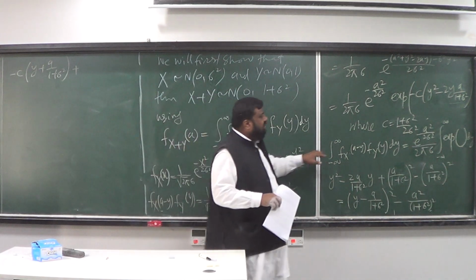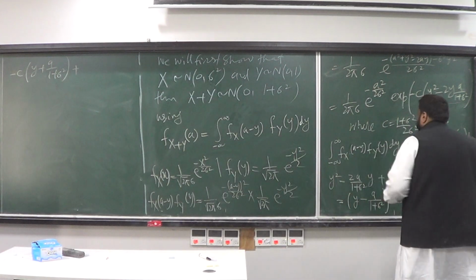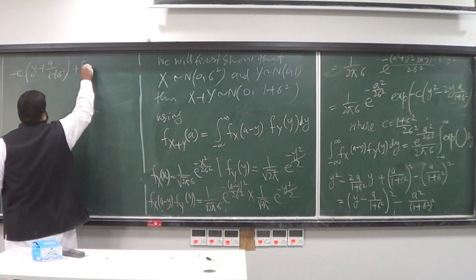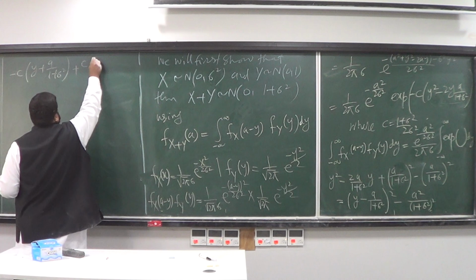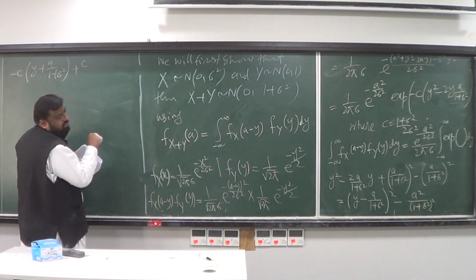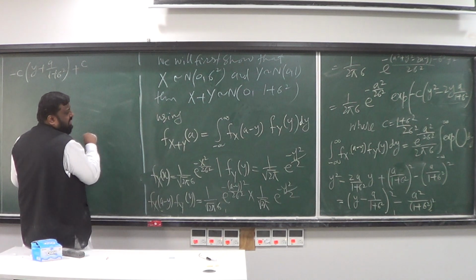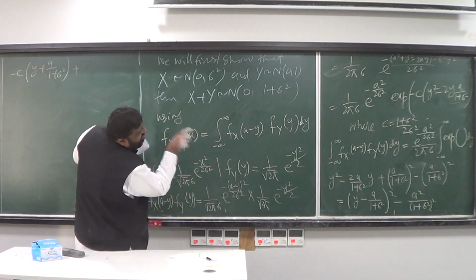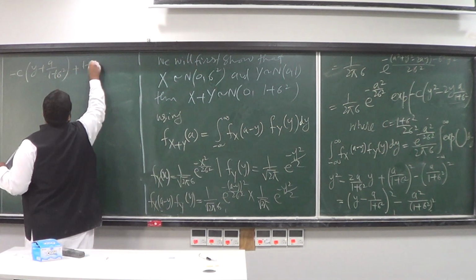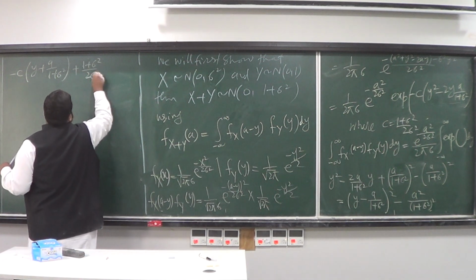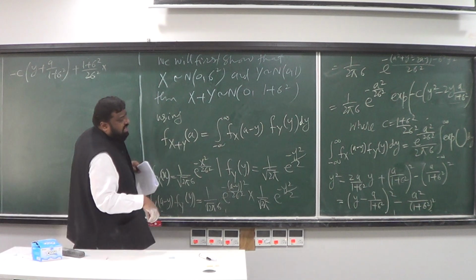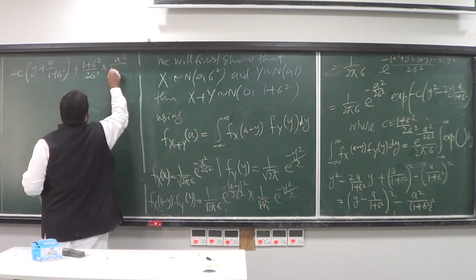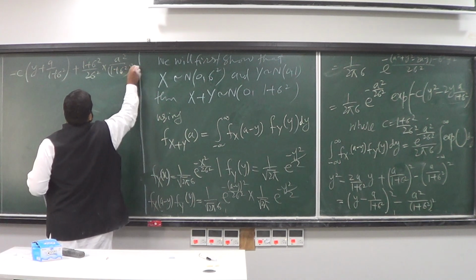If you keep the value of c in your head, c is 1 plus sigma square over 2 sigma square, times a square over 1 plus sigma square squared.